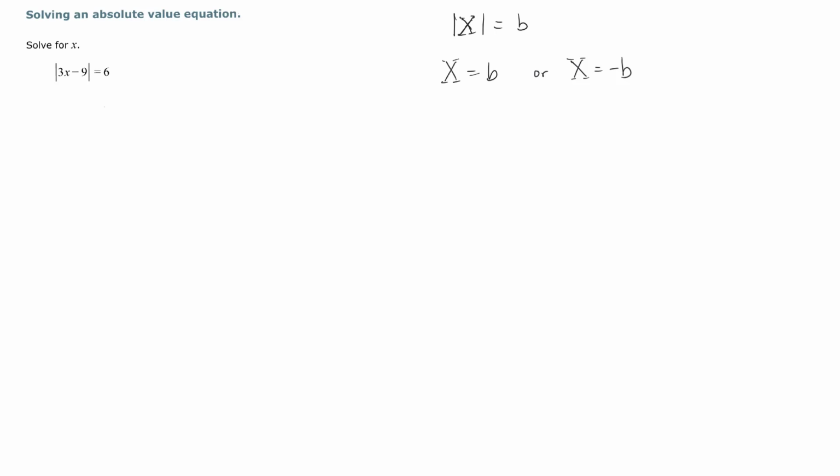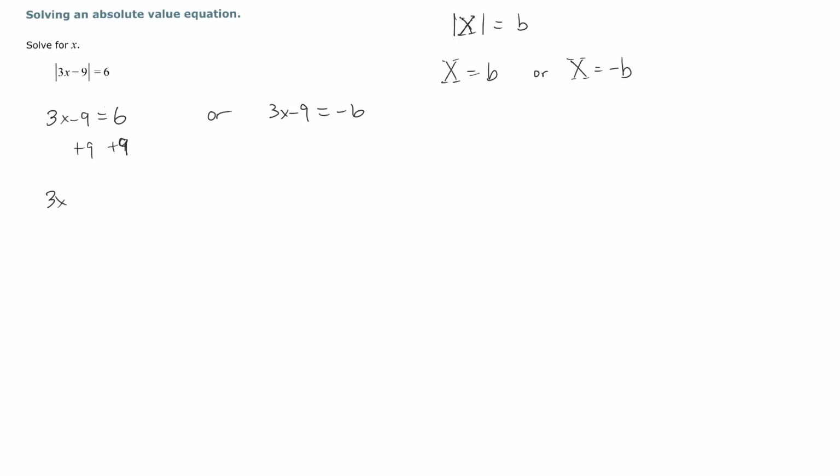Let's see. Okay. So the next line we're going to write is 3x minus 9 is equal to 6, or 3x minus 9 is equal to negative 6. And so we really just solve these two separate equations, and then we'll put the or in between the answers.